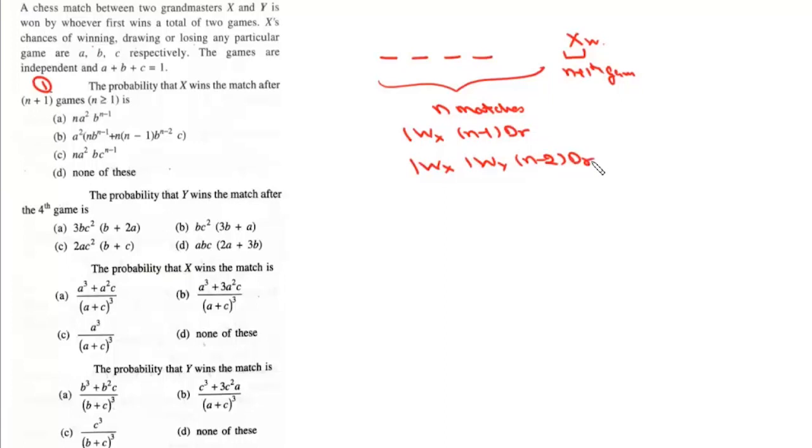So these are the possible ways in which X can win the match after the n plus 1th game. Now let us call this probability P n plus 1.